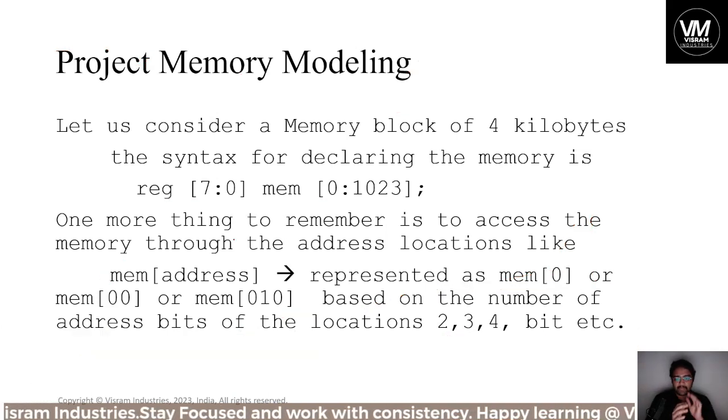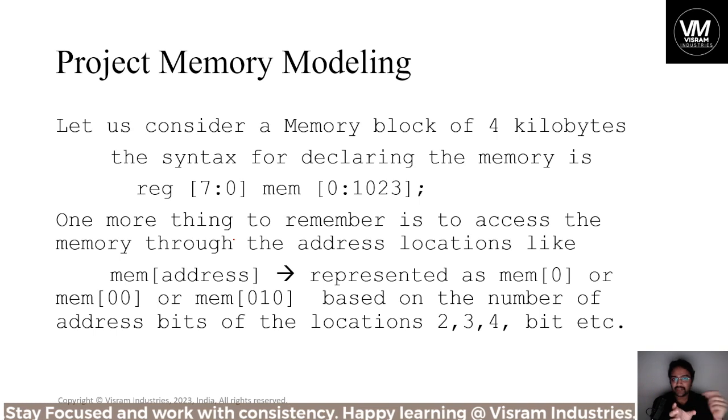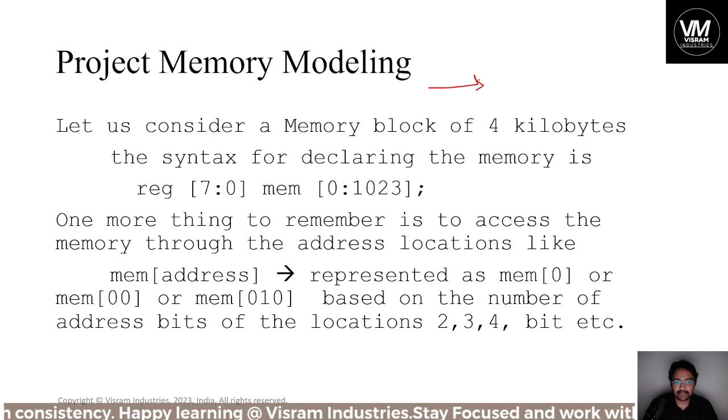Why? Because you are designing the memory, and from which location you want to read the memory data, or to which location you are going to write the data, you should know. That is the memory address for the particular pointer. Mem, square brackets open, and the address representation is the syntax.